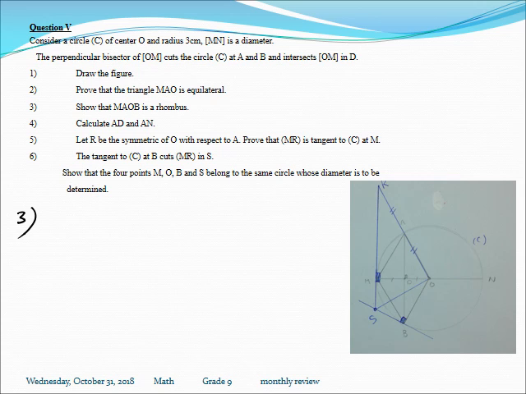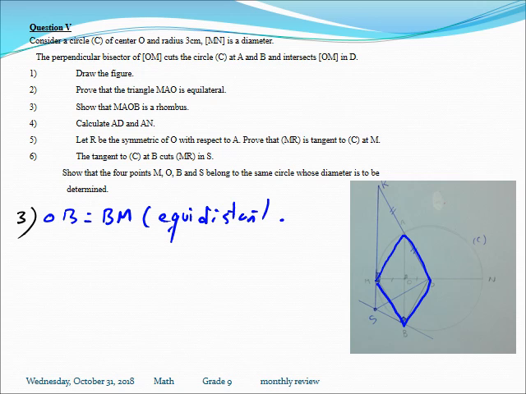Number 3, show that MAOB is a rhombus. OB equals BM, equidistant. OB equals OM, radii in the same circle.